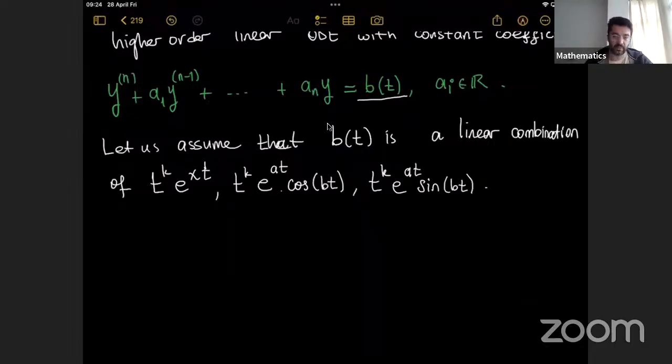Well, in that case, if b is like this, then we try to solve this equation. Let's call it star here.